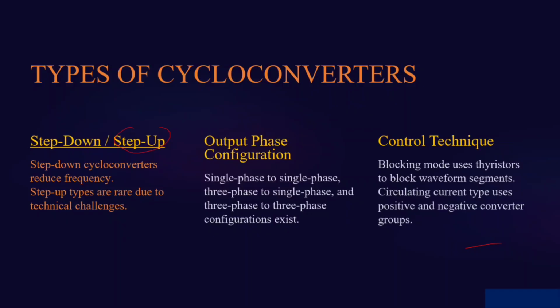Based on output phase configurations, we can classify them into three types: single phase to single phase, three phase to single phase, and three phase to three phase. Then based on control technique, one is the blocking mode and another is the circulating current type. The blocking mode uses the thyristors to block waveform segments, and the circulating current type uses positive and negative converter groups.